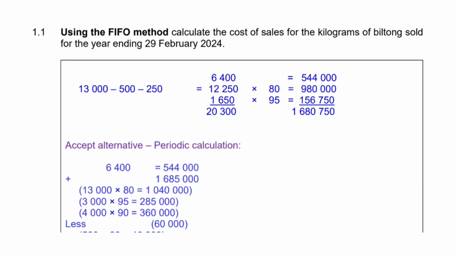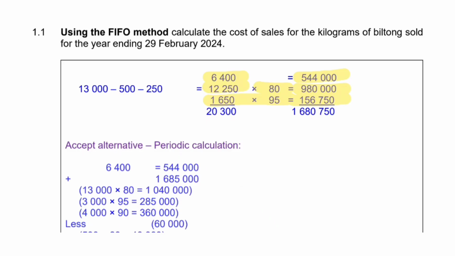So we will have 1,650 multiplied by the price per kilogram in August, and your final answer will be presented as such. So we paid 544,000. The 12,250 kilograms available from May purchases, and a kilogram is priced at 80 rands. So a total of 980,000 rands. The 1,650 from the August purchases, and we know that a kilogram in August is priced at 95 rands per kilogram, and that will give us a total of 156,750.